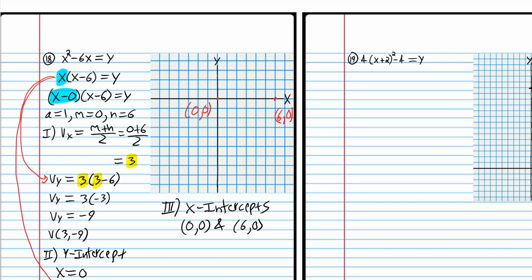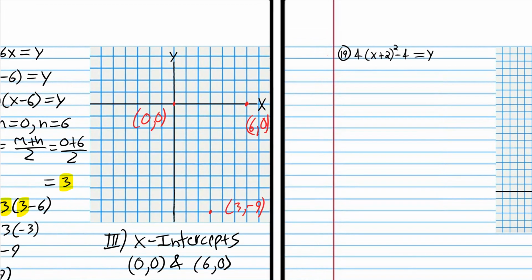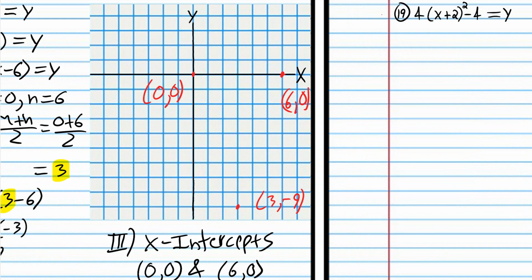That's 3, negative 9. And so we found the x-intercepts and the y-intercept, which just happens to be the same as the x-intercept. So now we're going to connect the dots.